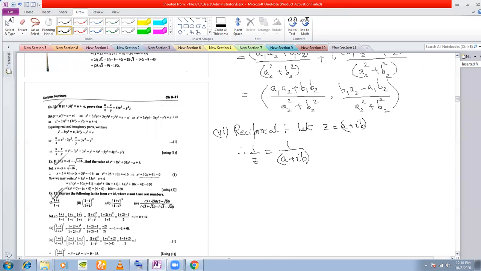Now in the denominator, whenever I see a complex number a plus ib, I multiply the numerator and denominator by the conjugate of the denominator. So the conjugate of the denominator will be a minus ib. I multiply the numerator and denominator by the conjugate.